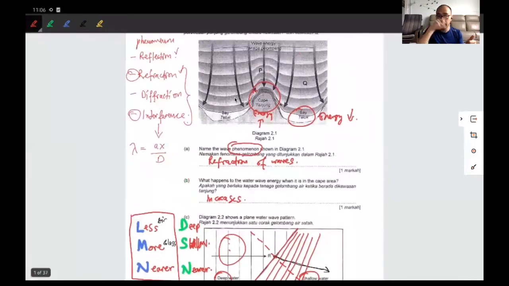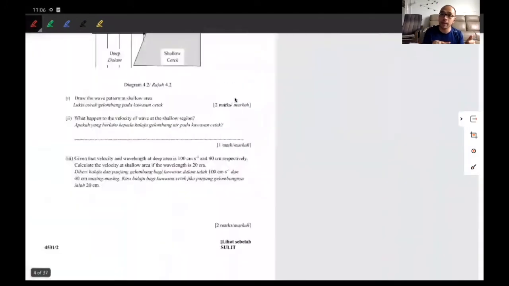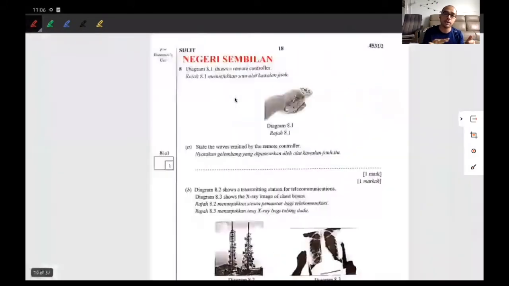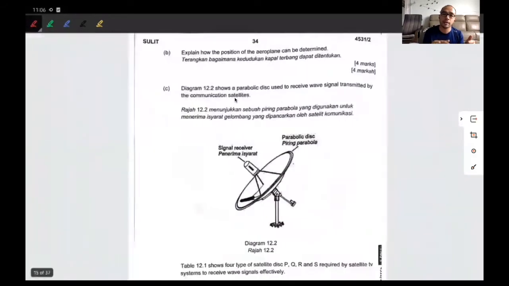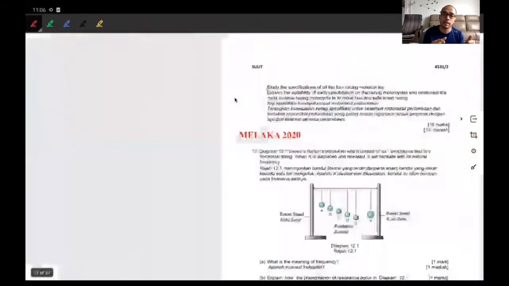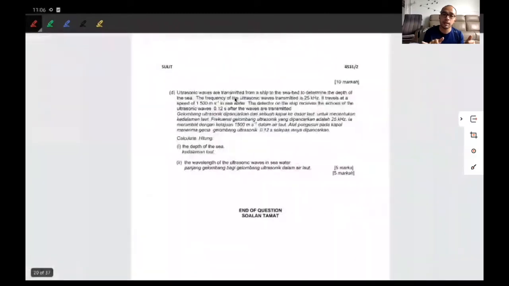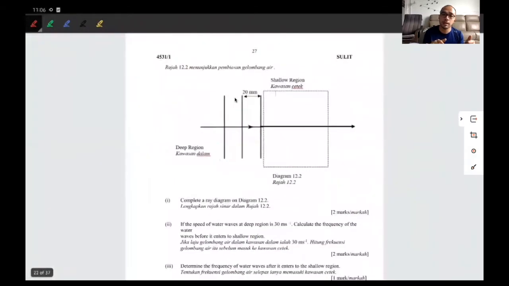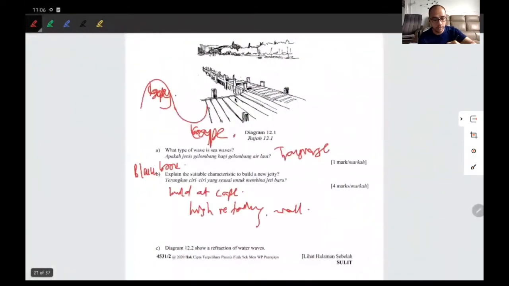Oh yeah, the cape is the top. So build at the bay. Sorry. Build at the bay. Okay, so here is the bay. Here is the cape. So build at the bay, high retaining wall, all these are in the black book.